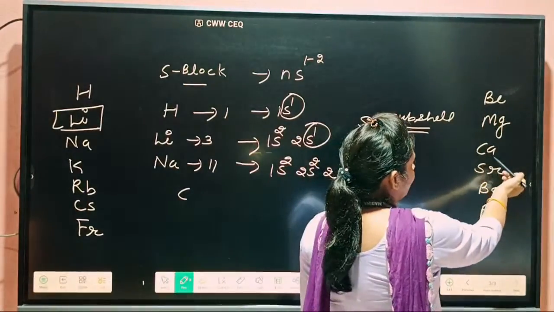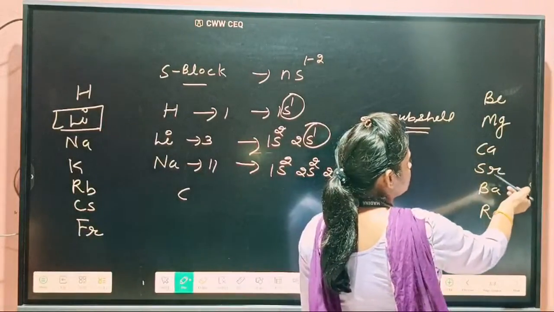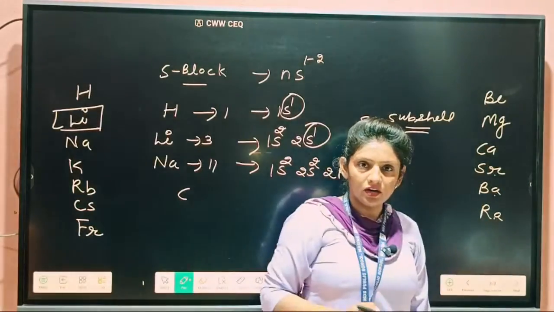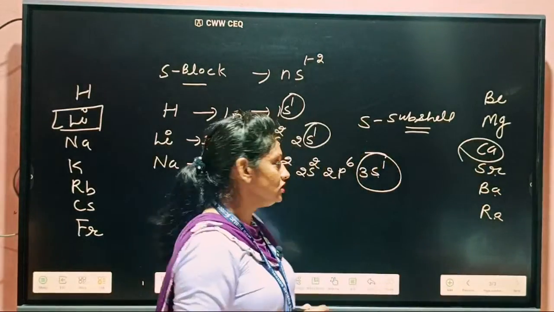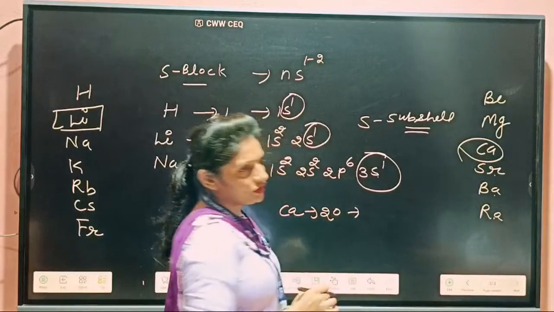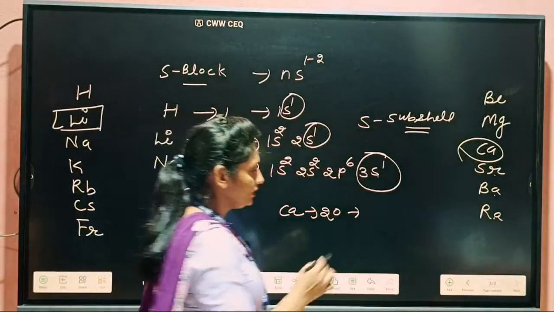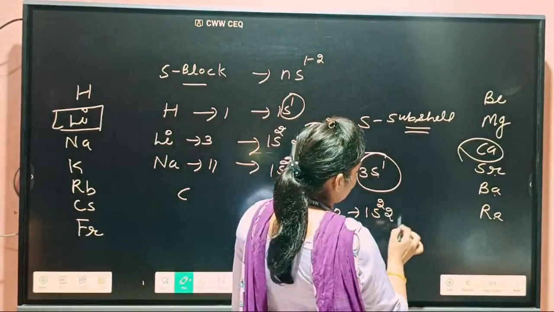So students, let us consider calcium. What is the electronic configuration for calcium? 1s2, 2s2.